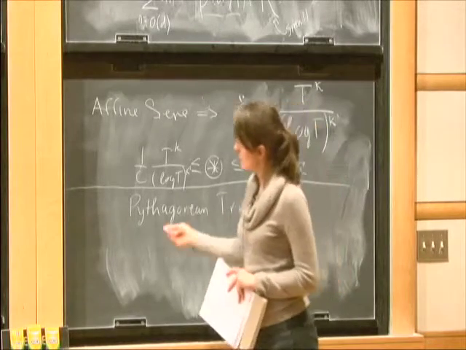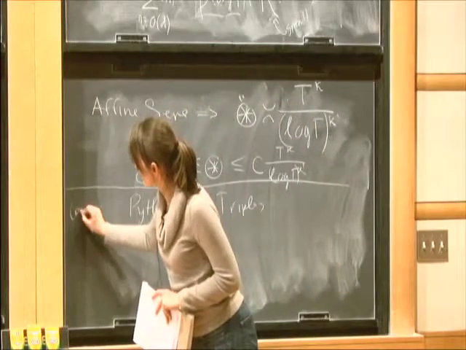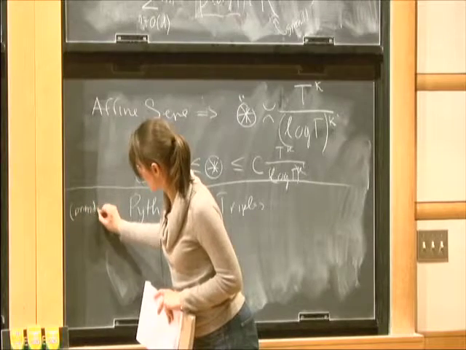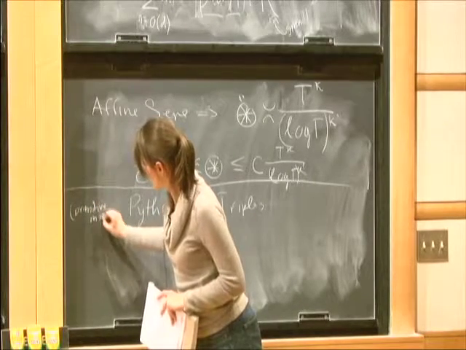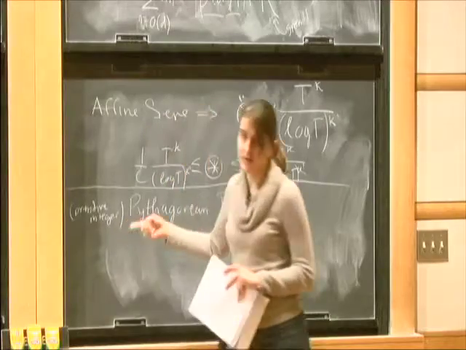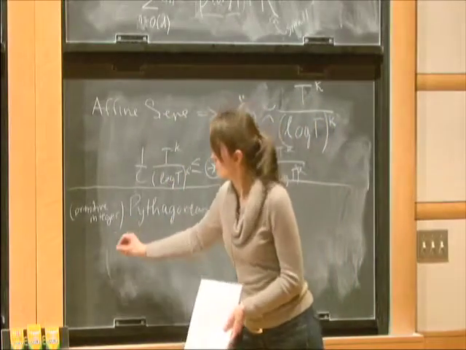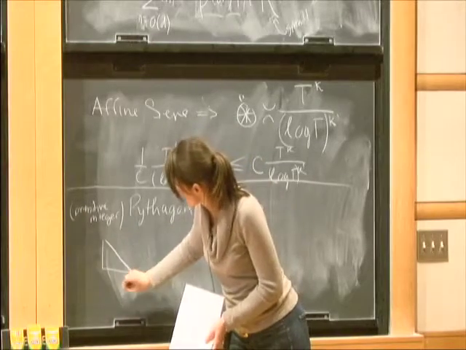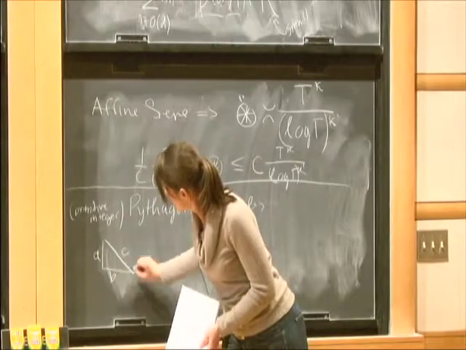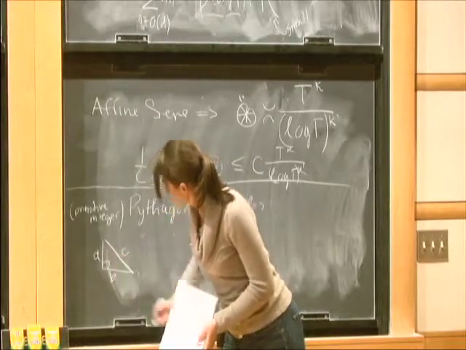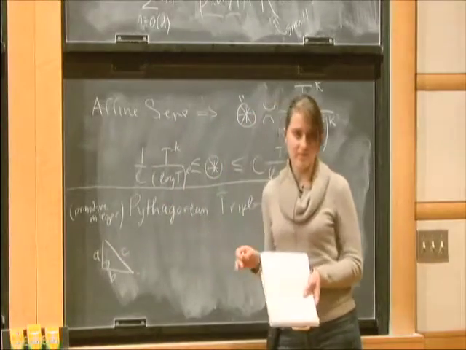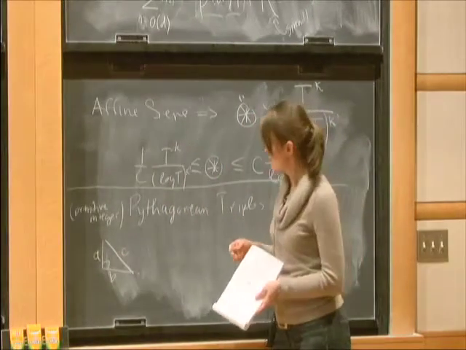So if you look at primitive integer Pythagorean triples, by primitive I just mean the triple doesn't share a factor. So you have A, B, and C, which are the sides of a right triangle, and you don't want A, B, and C to share some factor greater than 1.